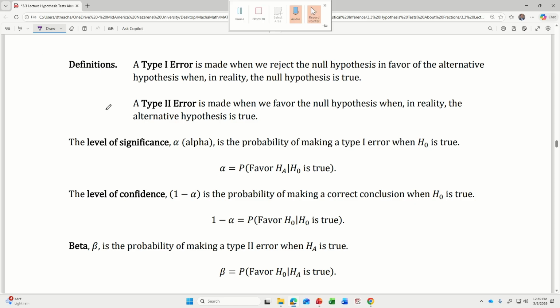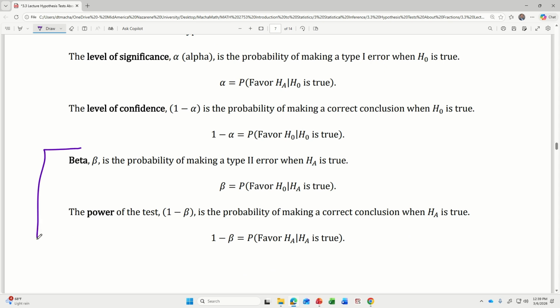If the alternative is actually true, then we talk about beta and power. If the alternative hypothesis is true, beta is the probability of making a type 2 error. And if the alternative is true, the power of the test is the probability of making a correct conclusion.